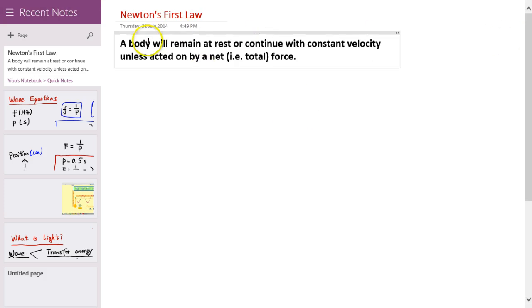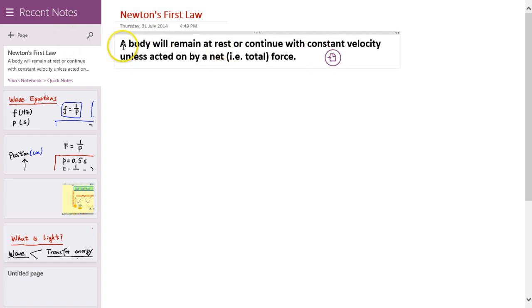I'm expecting everyone to copy down Newton's first law manually on your notes or on your cheat sheet, because in the year 12 final exam, sometimes the examiner will ask you to use Newton's first law to explain something. When the question mentions Newton's first law, it is expected that students write down the definition of Newton's first law.